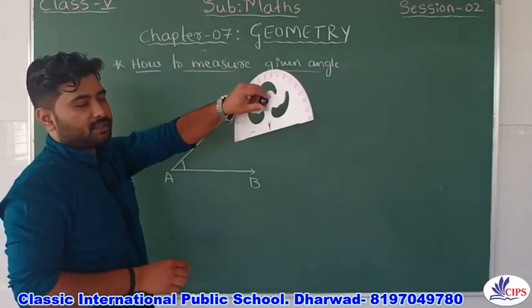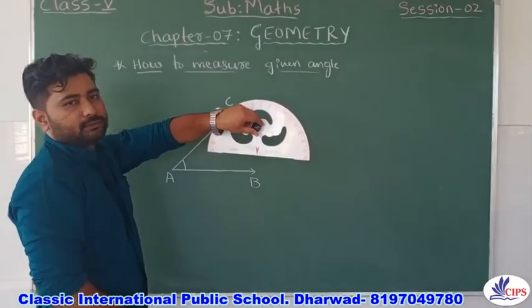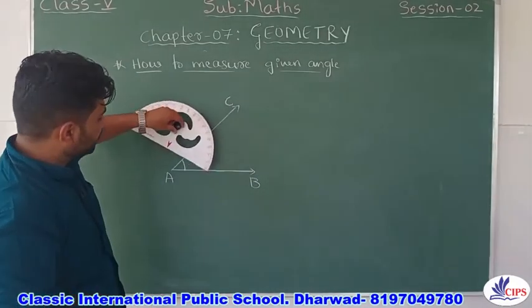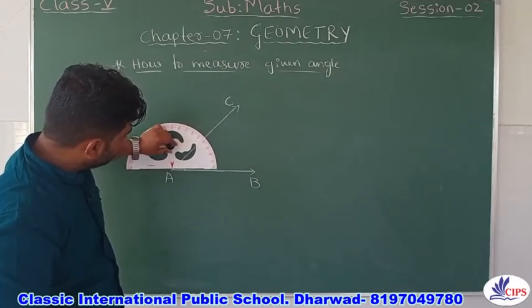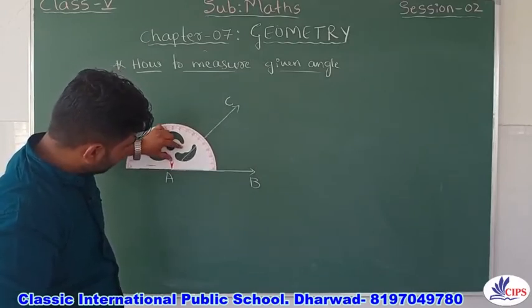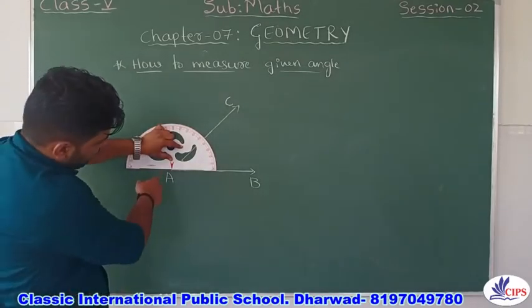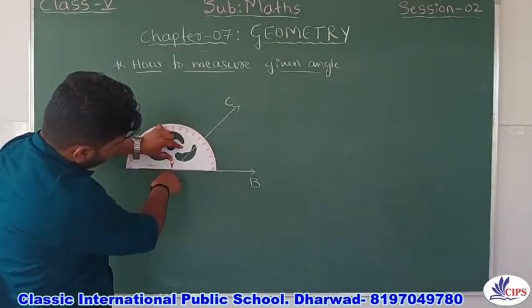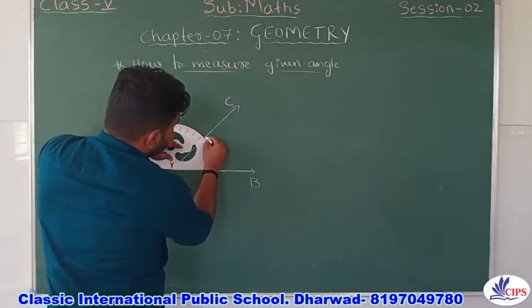Concentrate on this mark. So just put it on the common vertex. It should be visible, guys. Exact. See, this mark is exactly facing this common vertex and line, just match it.